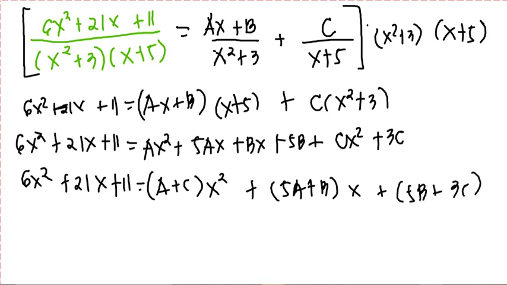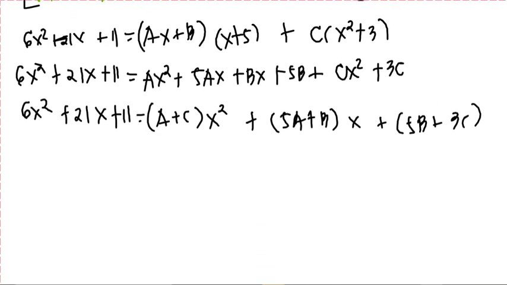And then we are going to equate para sa ginahimo natin kagina. So we have to equate tanan nga may x squared. So for the x squared nga side, we have 6 is equal to a plus c. Next, para sa aton nga x term, so we have 21 is equal to 5a plus b.